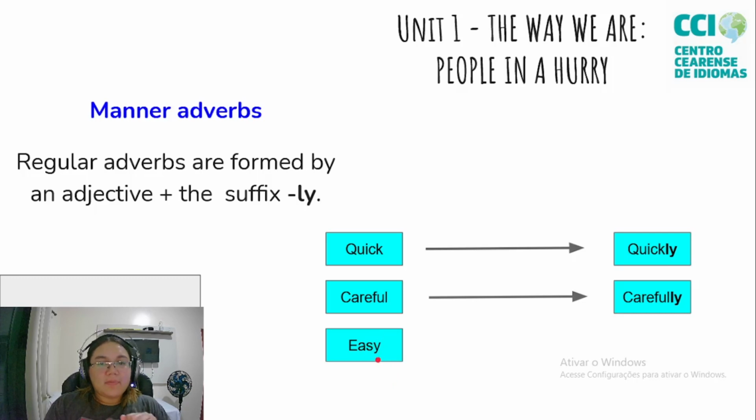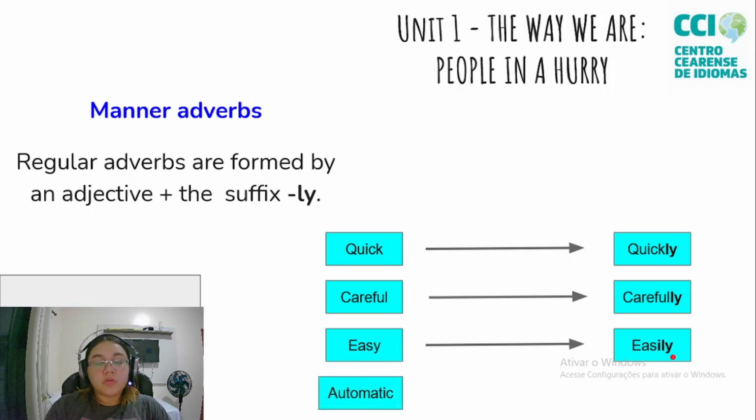So what we do is remove the y, put an i in its place, and then add the ending ly. So easy becomes easily, okay?